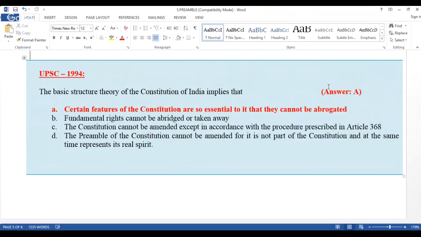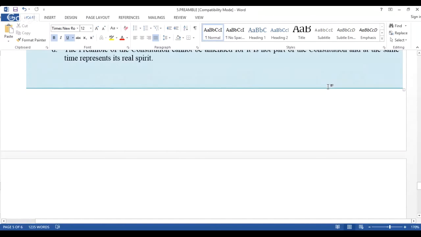Is it clear? The basic structure theory of the Constitution of India implies that certain features of the Constitution are so essential that they cannot be abrogated, meaning they cannot be diverted, deviated, or eliminated.